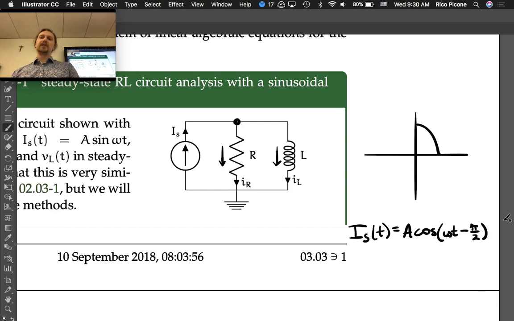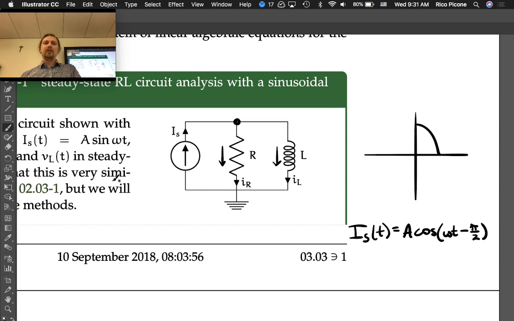If you get confused, like I always do with this, then I just plug in a number and see if it works. So if omega t is 0, then if it was the sine, we would expect this to come out as 0. So cosine of negative pi over 2 should be 0, and that works.